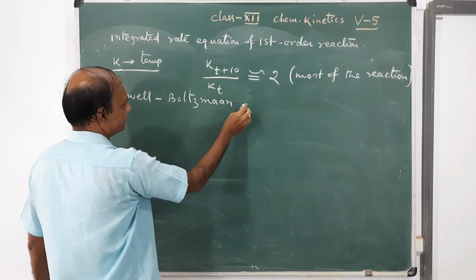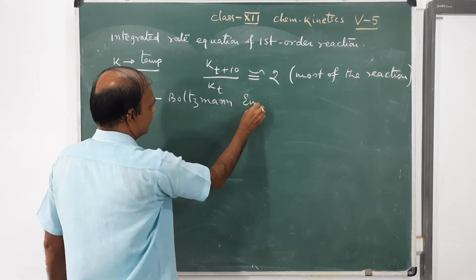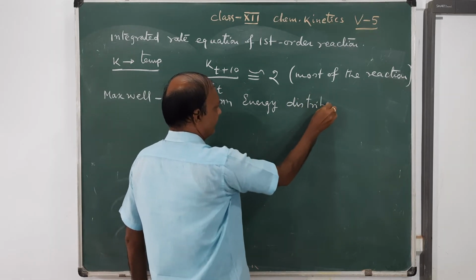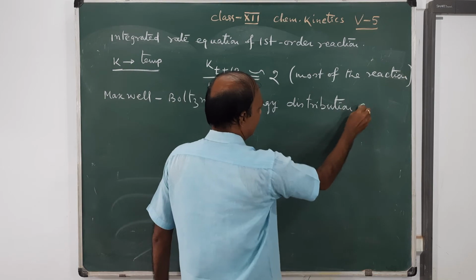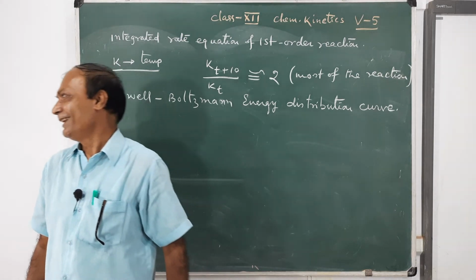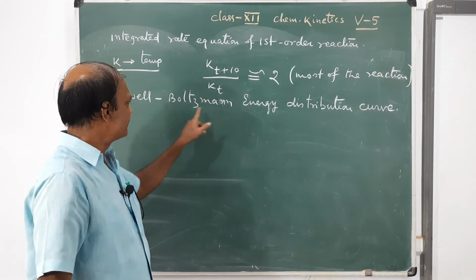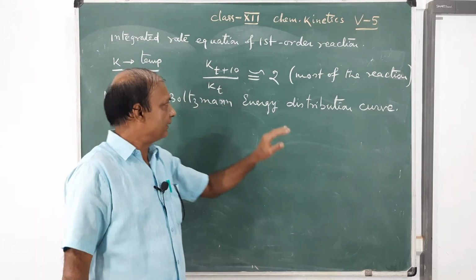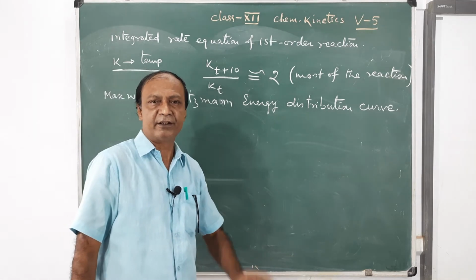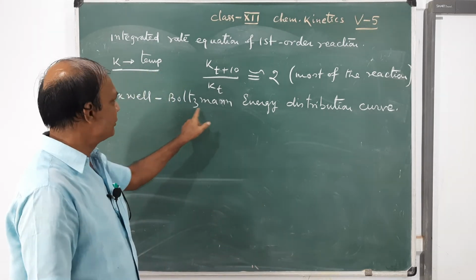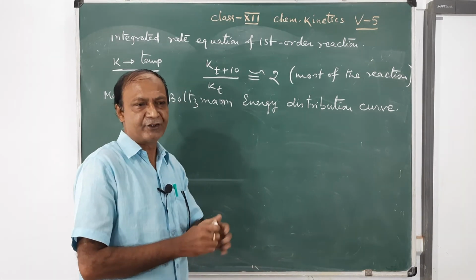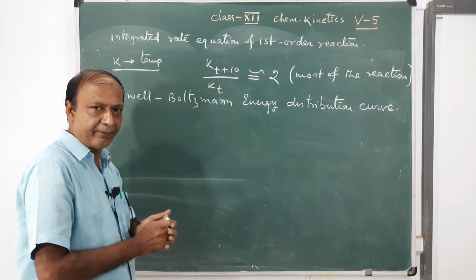If you observe this curve, you will understand why the rate of a reaction is almost doubled. Because the rate constant is doubled, the rate will be doubled. This is a common fact. The Maxwell-Boltzmann energy distribution curve is an experimental curve based on fact and evidence.